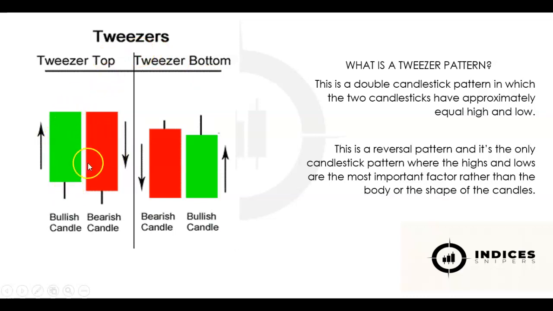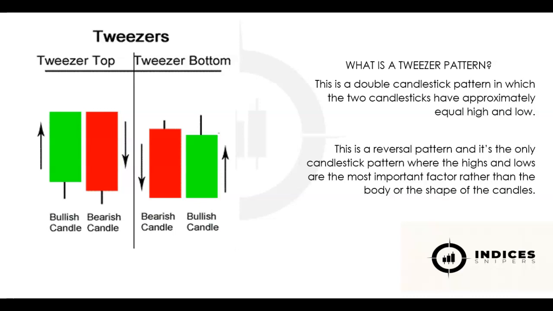Now look at this. This is a tweezer pattern. Here we have an equal high, and approximately equal low. The definition is that it's a two-candlestick pattern with one candlestick being bearish and the other one being bullish, or one being bullish and the other one being bearish.